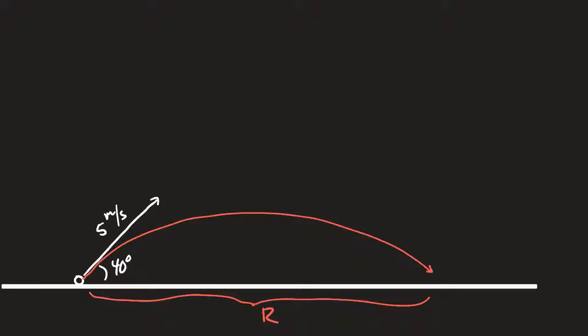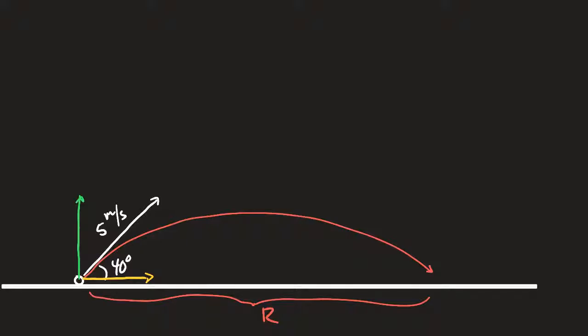This object's going to start with a horizontal velocity, right? A velocity that is sideways, and a vertical velocity. We talked about this yesterday and the day before. It's going to have two velocities. Thus, we learned some trig, so we can figure out what the two velocities are.